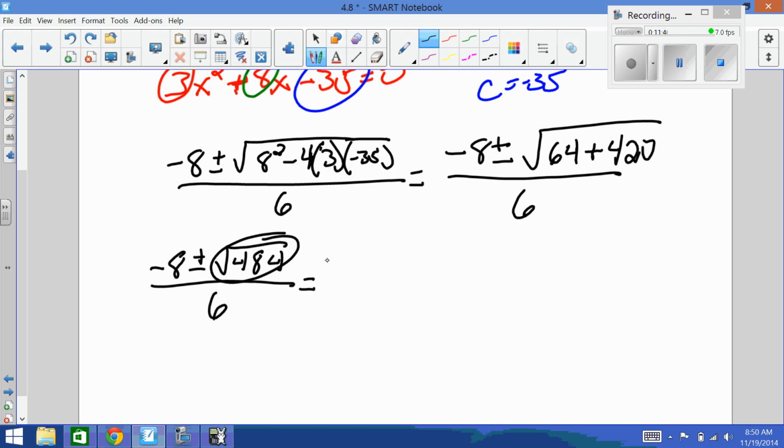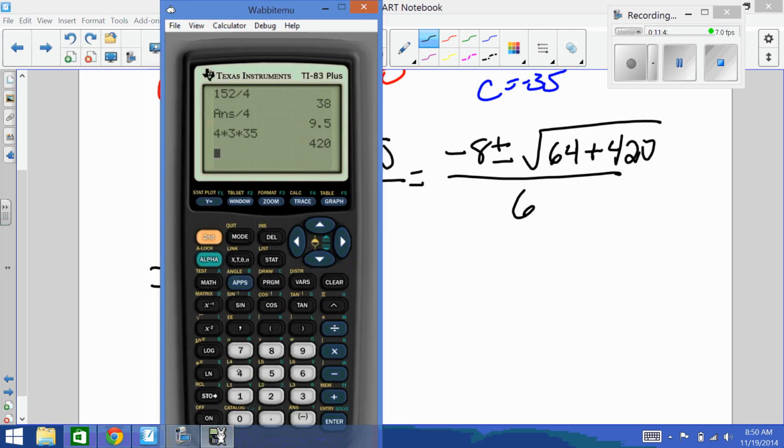So let's simplify the radical now. And we want to look for the largest perfect square. So let's take 484 divided by 16. Nope, let's do 484 divided by 36. Nope, let's do 484 divided by 4.